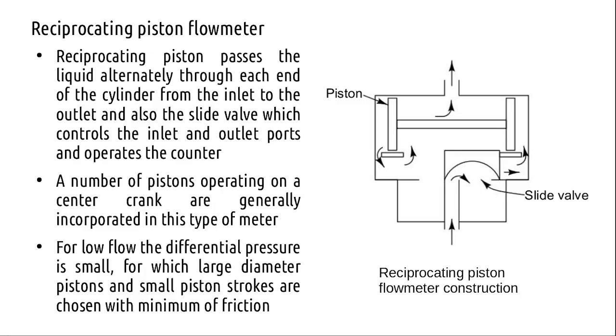I turn on the pipe at a particular rate and put the first glass under it, and when it fills up I put the next glass. If you take the time required to fill these 2 glasses, you can get the flow rate. The same idea is used in positive displacement type flow meters: glass filled in a time, next glass filled in a time, and you can find the flow rate. The same principle is used in these PD meters.